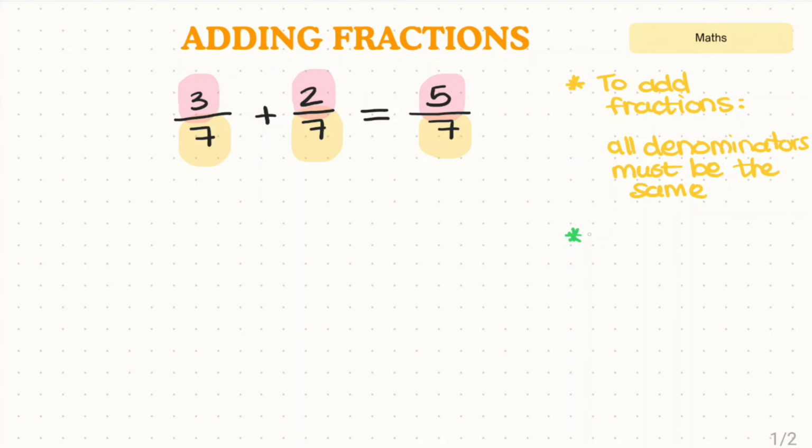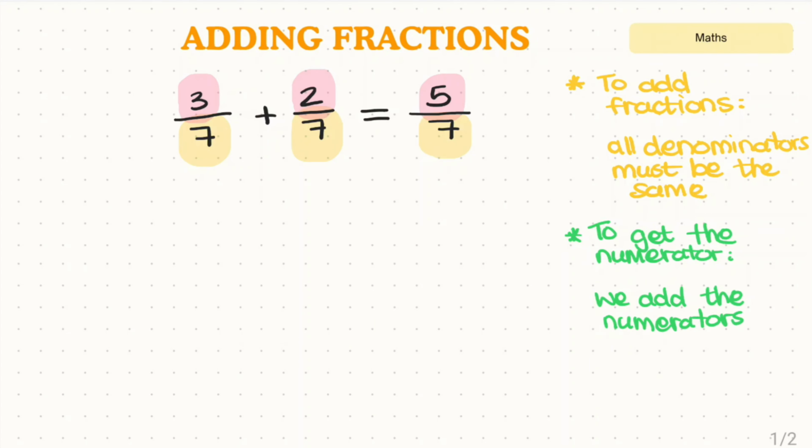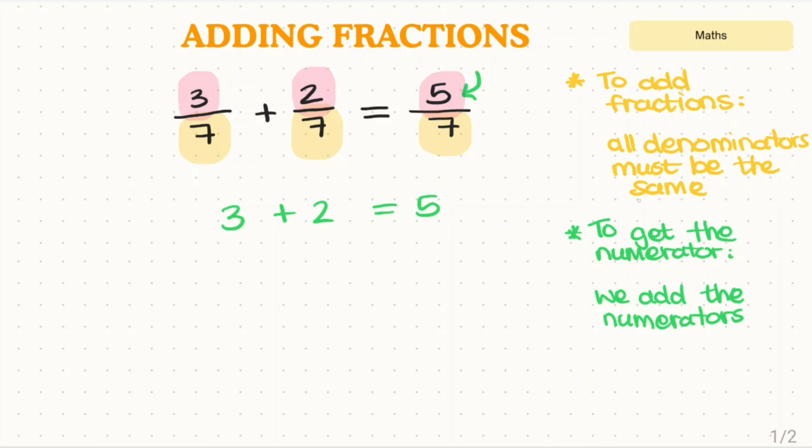And that brings us to our second rule. To get the numerator of our answer, we just have to add the numerators that we have in our question. You know that 3 plus 2 equals 5. So that is my numerator over there. But I have to have the same denominator. If my denominator is not the same in my question, then I won't be able to just add the numerators.